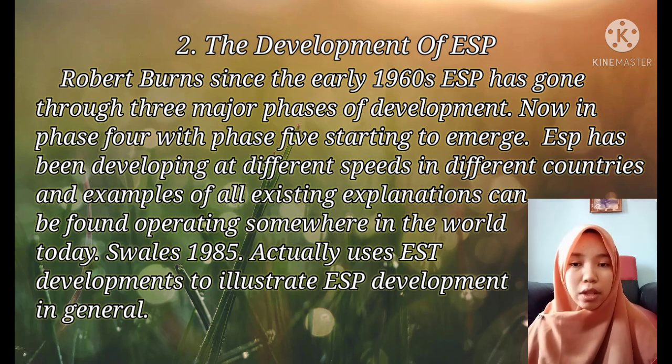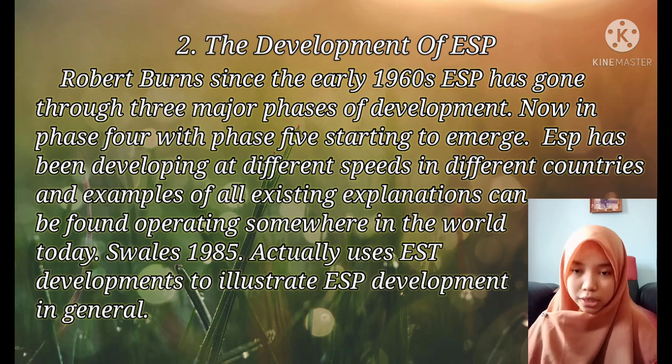ESP has been developing at different speeds in different countries, and examples of all existing phases can be found in operation somewhere in the world today. Hutchinson and Waters (1987) use ESP developments to illustrate ESP development in general.